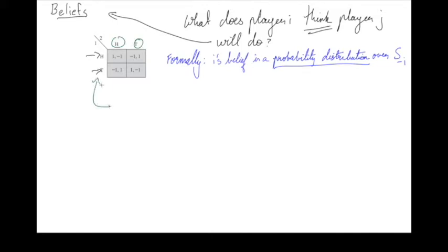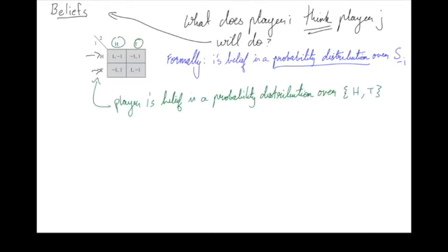So here, player one's belief is a probability distribution over player two's strategies, which are either H or T. Now, a probability distribution over a set of two things is described entirely by a number P between 0 and 1 that would be the probability of H, and 1 minus P would be the probability of T.